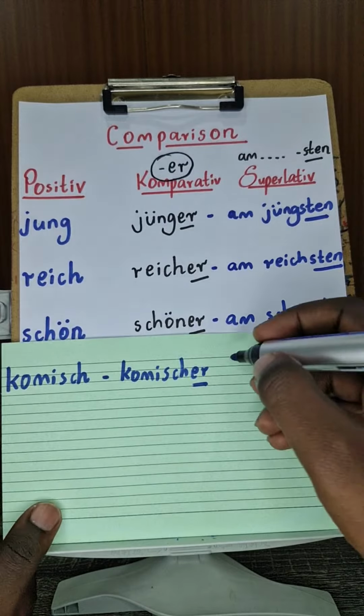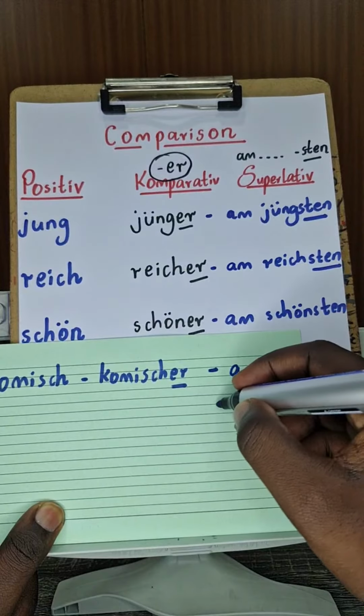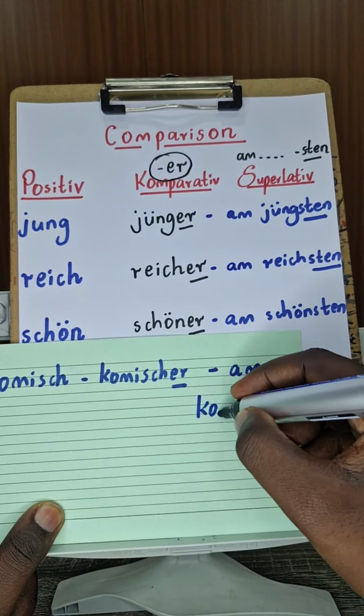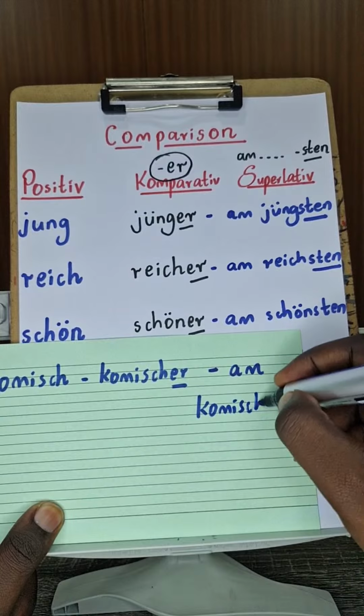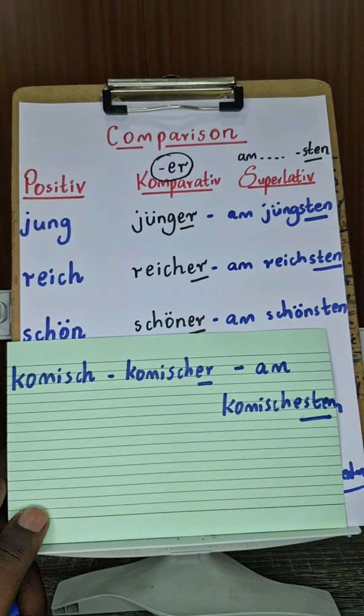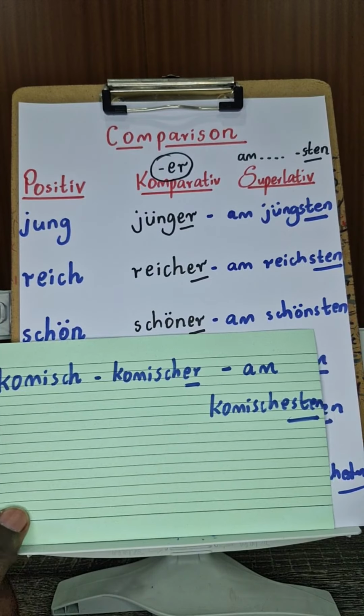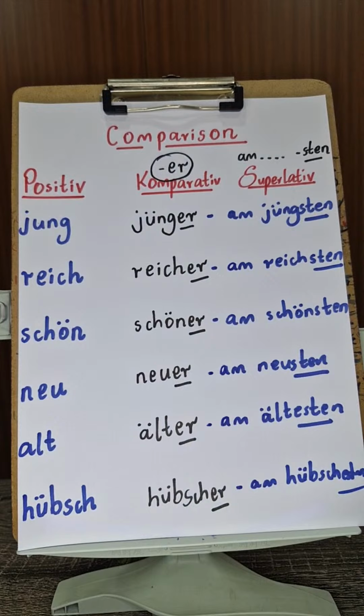And then in the superlative, it becomes am komischesten. Look at that: komisch, komischer, am komischesten. So guys, I believe you've now seen how you can compare the various adjectives.